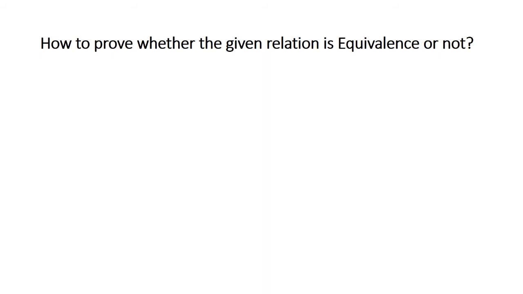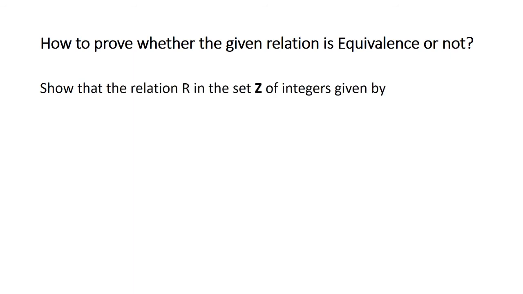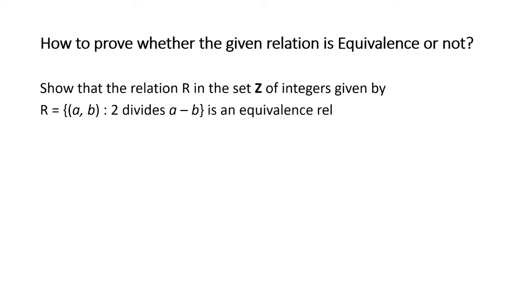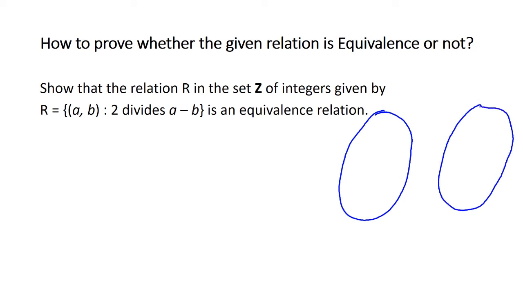And here we have an example of a relation R on integers given by R equals to {(a, b) such that 2 divides the difference of a and b, a minus b}. Let's try to understand this relation first. Here Z is a set of integers which can be expressed as -2, -1, 0, 1, 2. So all integers will be there, and similarly here also all integers.